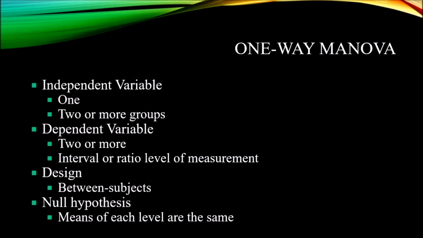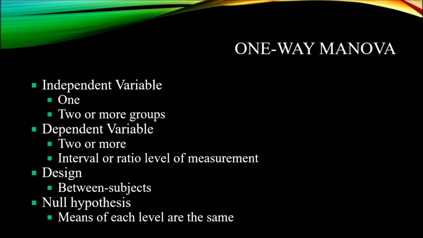So to modify the prior example so that it works with one-way MANOVA, we have the treatment variable, CBT, psychodynamic, and treatment as usual, and we have that anxiety level dependent variable. If we added now depression, so we want to measure anxiety and depression, two separate measurements, two separate dependent variables, two instruments that each participant will be taking, we have to move up to MANOVA, multiple dependent variables.